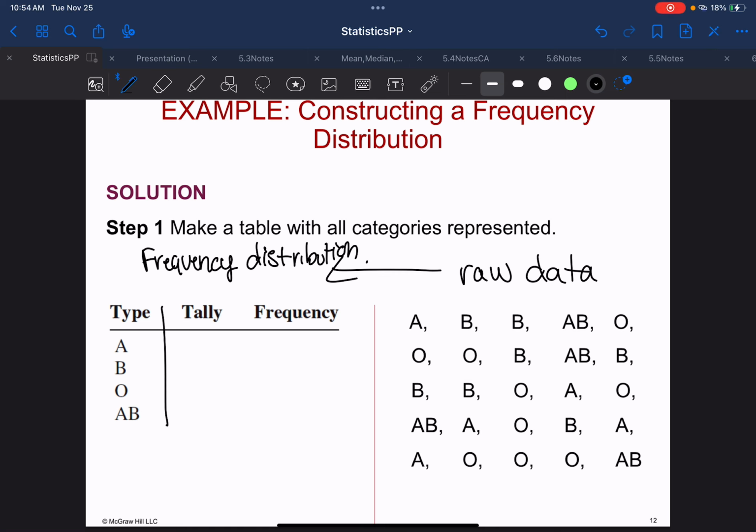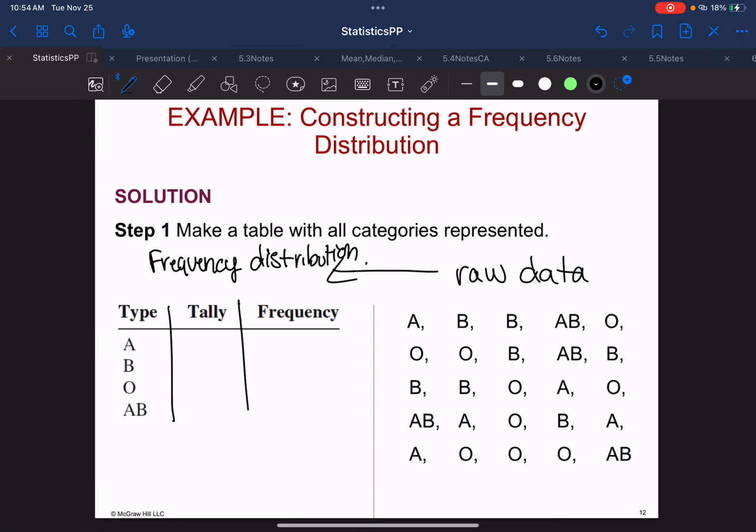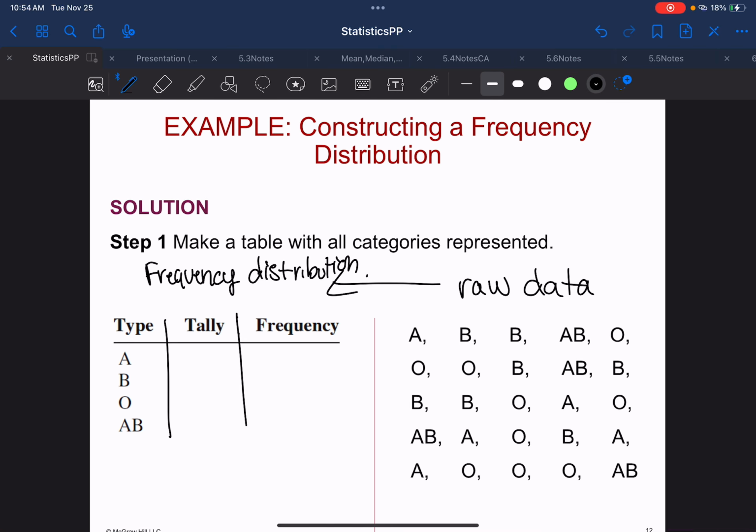So here is one type of frequency distribution. They have the possible blood types listed on the left: A, B, O, and AB. That's all the different types in our raw data. Frequency means how many times each one occurs. We're going to go through our data and count how many times each blood type occurs.